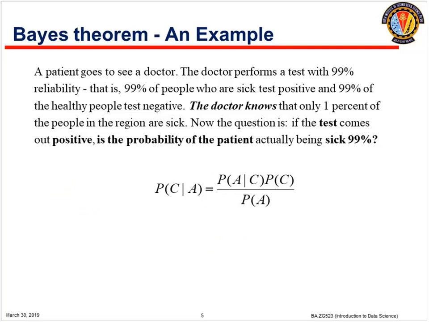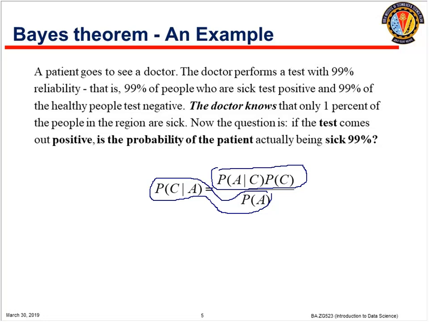It is simplified. If you just cross multiply, you get P(C given A) multiplied by P(A) is equal to P(A given C) multiplied by P(C). That is another form of the Bayes theorem, when you want to find the probability of A and C, and they can happen in any order.